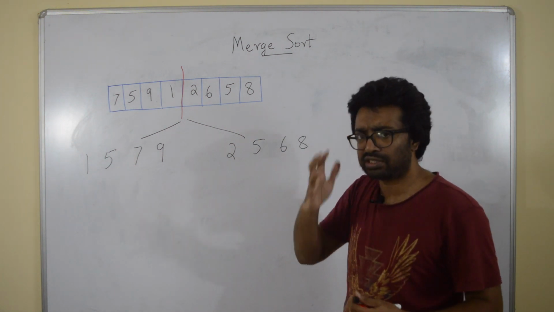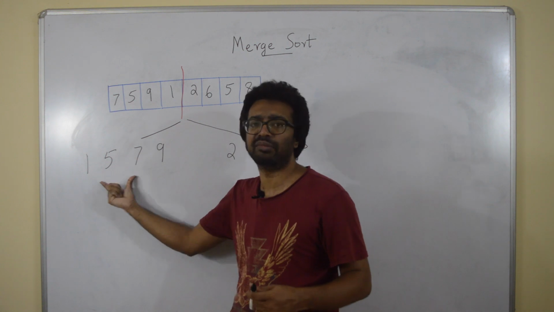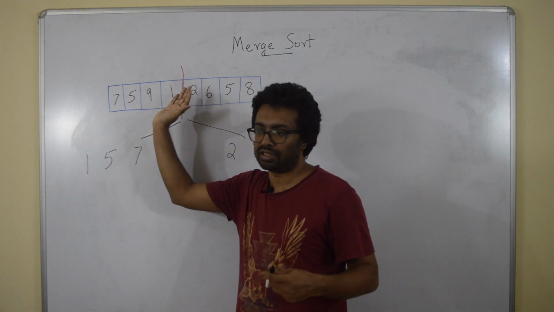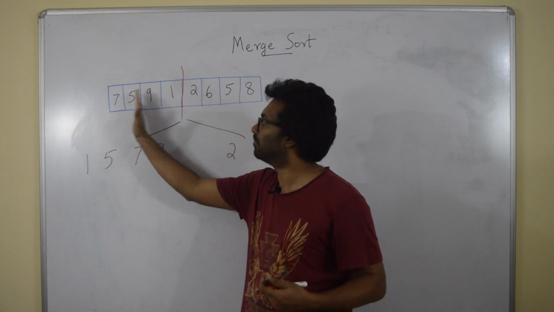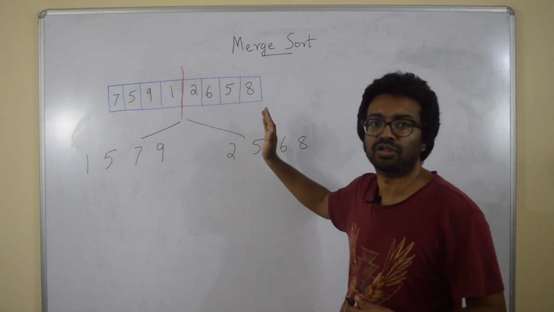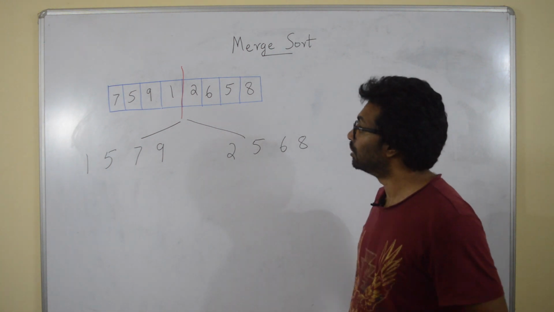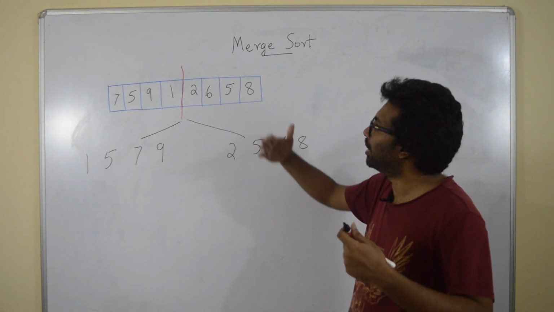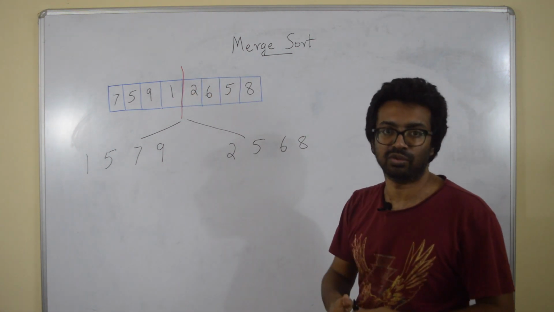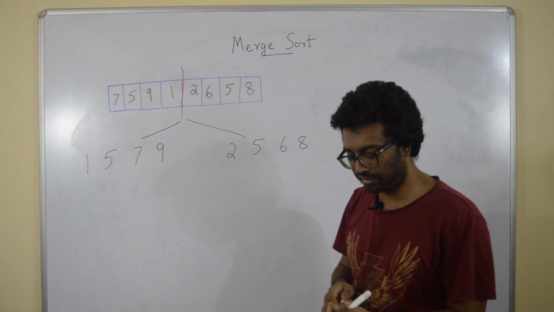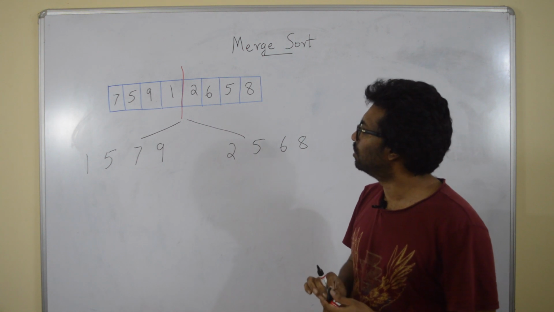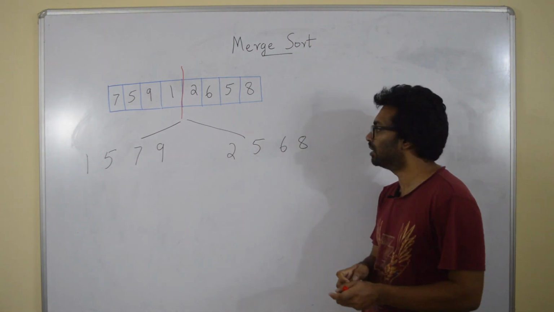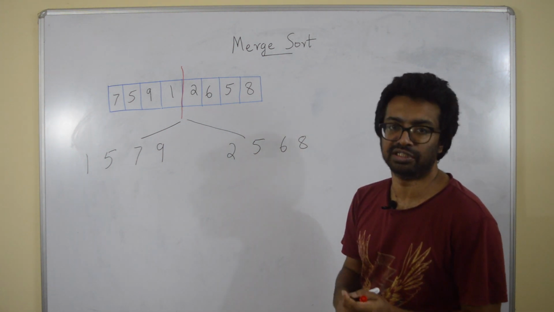Let's just assume that someone has sorted the first half and someone has sorted the second half. Now, given two sorted arrays, can I make a combined sorted array? That's the question we are asking. How can I do this? This is the procedure called merge.